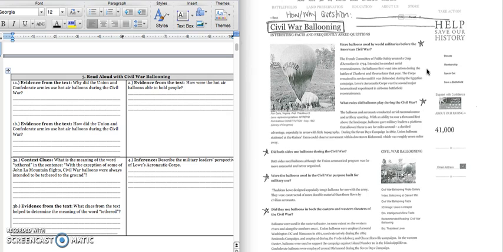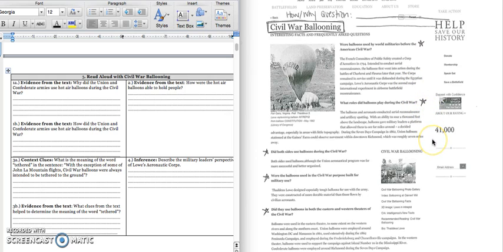Lowe's Aeronautic Corps was the second major international experiment in airborne battlefield reconnaissance. And so General Lowe was an American during the Civil War who led the fleet of hot air balloons, also known as the Aeronautic Corps. All right, let's keep going.